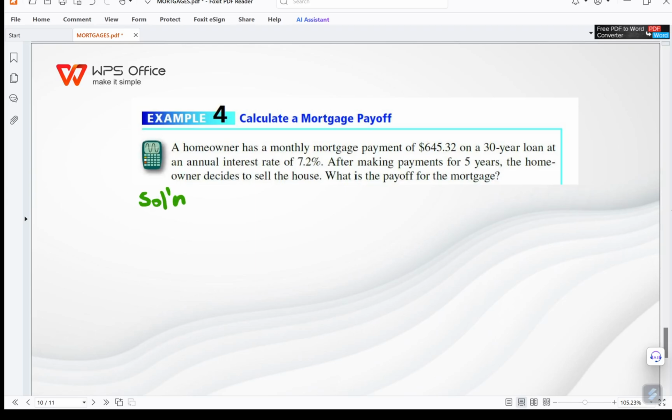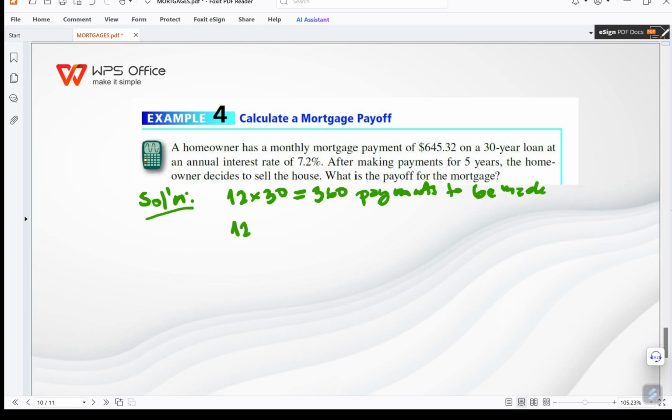We have a 30-year loan, and the homeowner pays monthly for the mortgage. So that will be 12 times 30, which is 360 payments to be made. But after making payments for 5 years, the homeowner decided to sell the house.